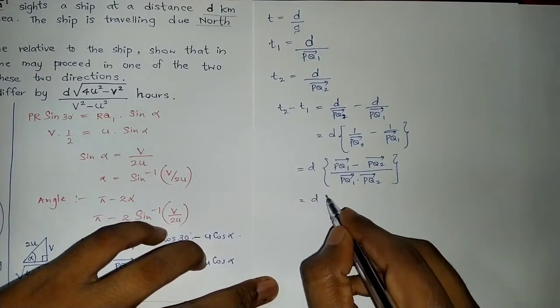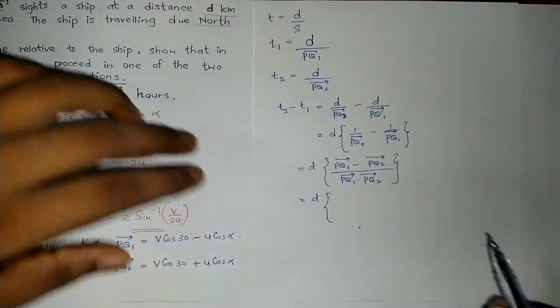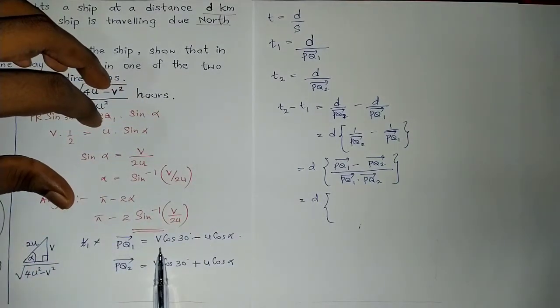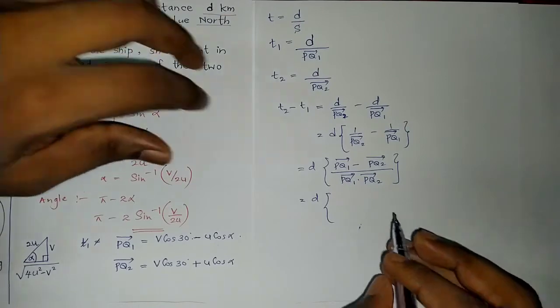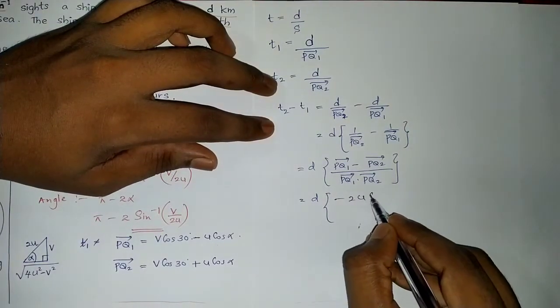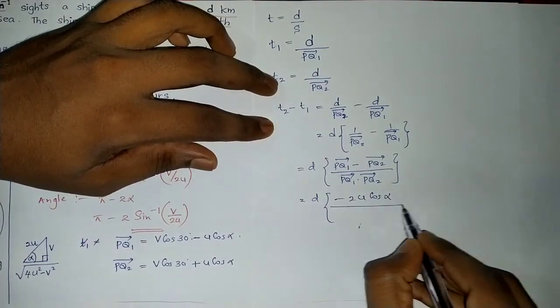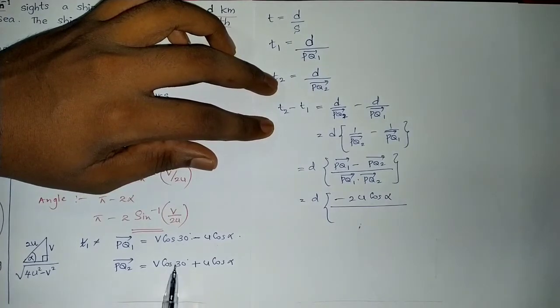So what is PQ1 minus PQ2? This vector minus this vector. V cos 30 gets cancelled when I take the difference. Then minus u cos alpha minus u cos alpha, it becomes minus 2u cos alpha. That is the difference between these two.